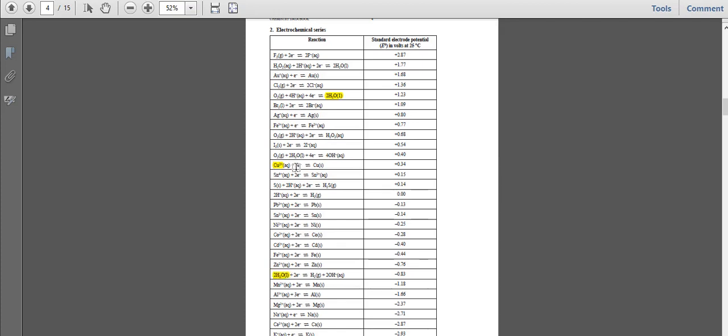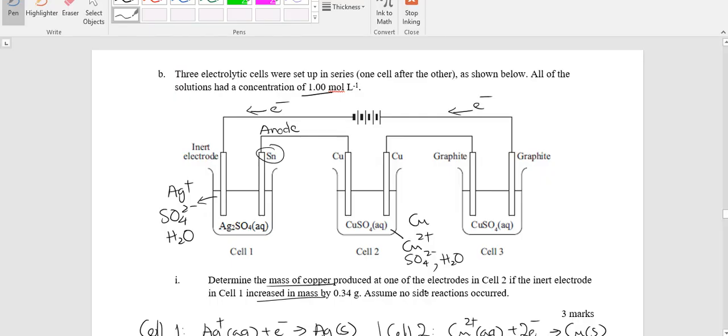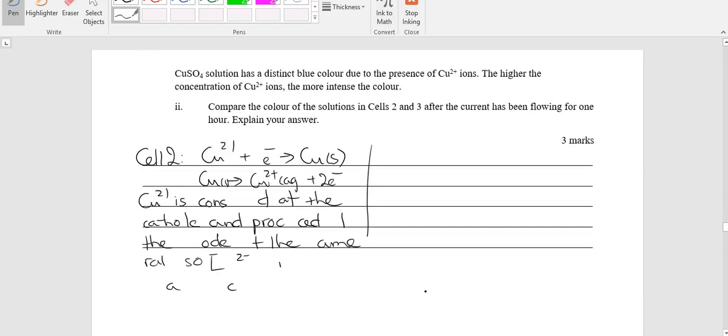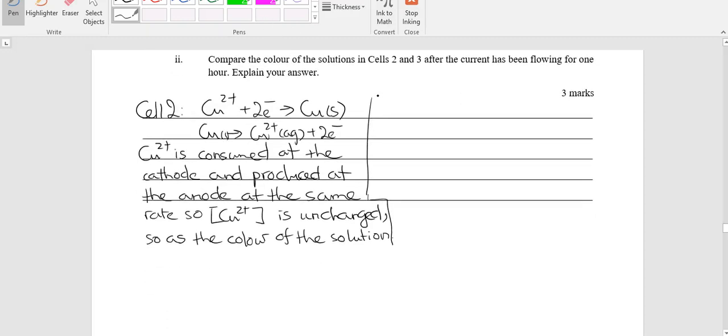So at the cathode, the strongest oxidizing agent present is still copper 2 plus ions, which means that copper is still being produced from copper 2 plus at the cathode. So we're just gonna write the half equations again.